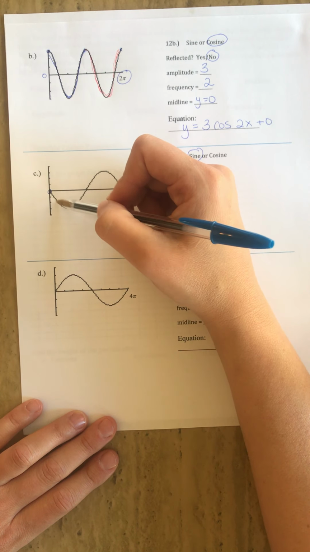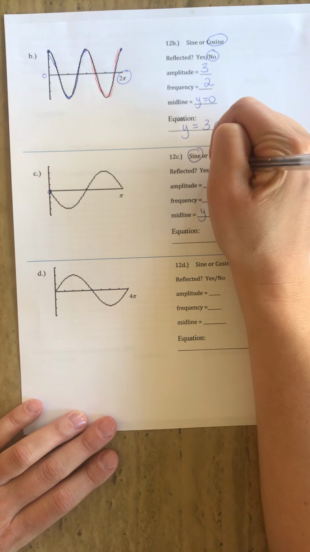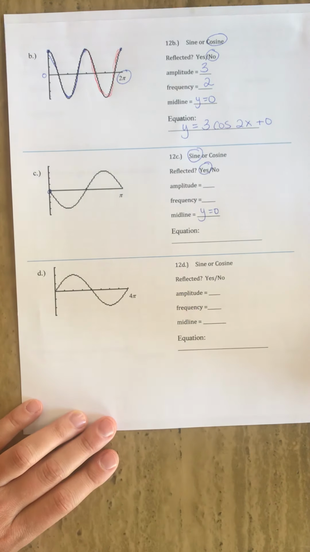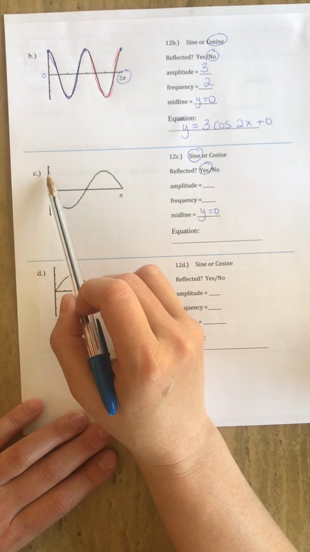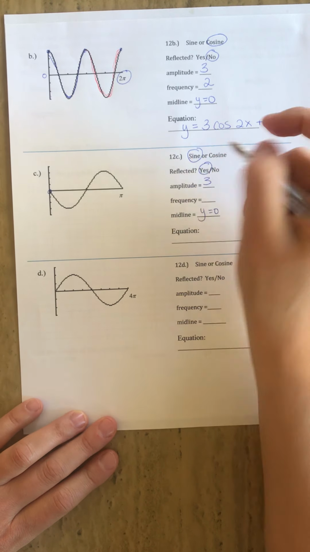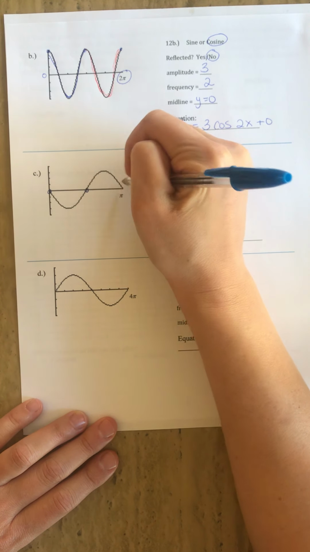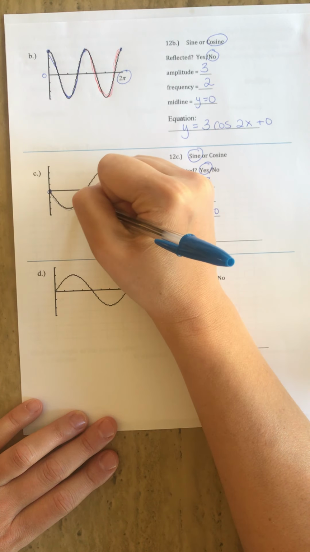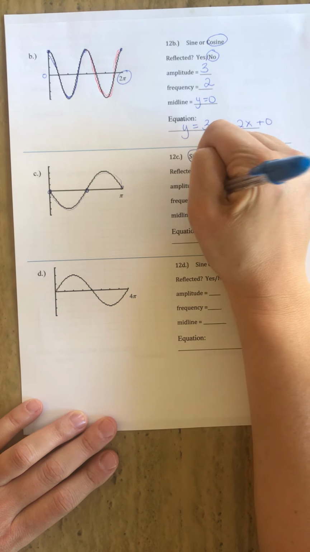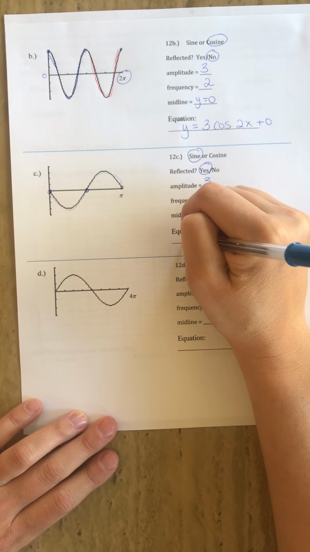When sine goes in the direction downward, we know that, yes, it was reflected. The amplitude here, 1, 2, 3. And the frequency, remember you have your 5 key points. Midway, you're at 0. You're going to see it goes down, back up. So you're going to see a frequency of 1. You can put all that together now.